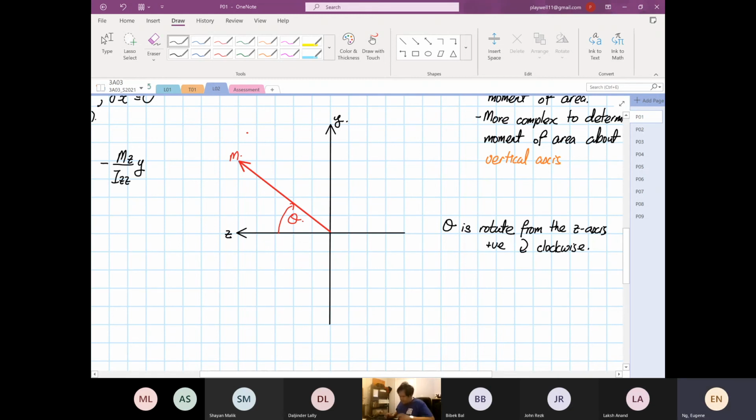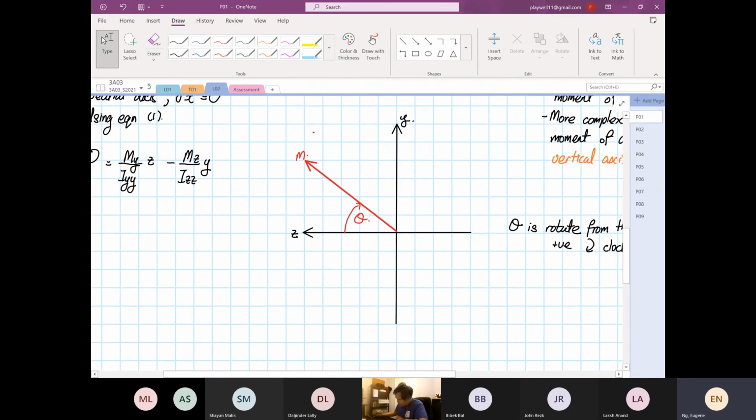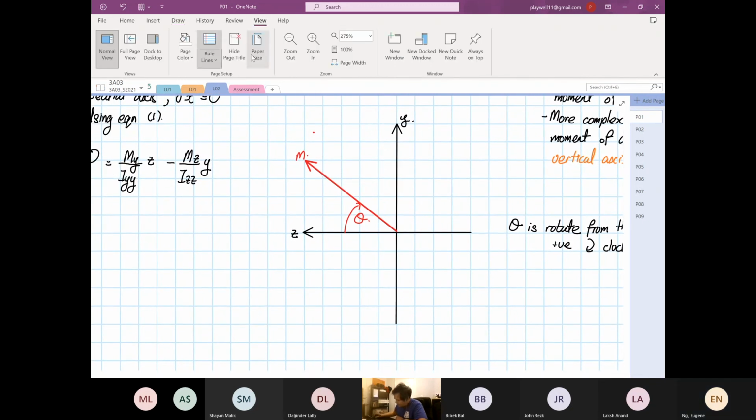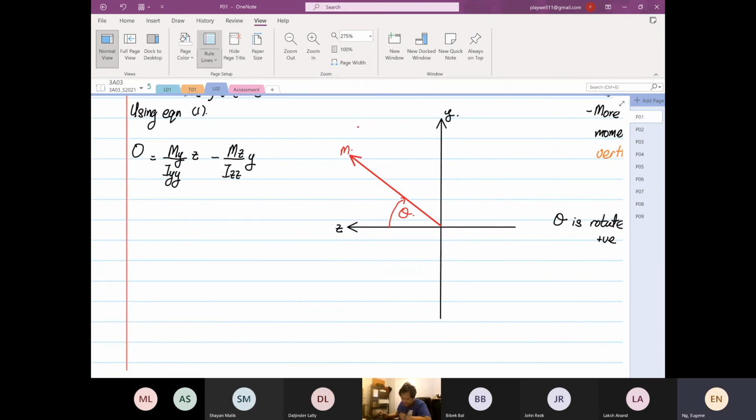Now, so from this equation over here, right, from our expression that we've done, we can rearrange the equation and we can get Mz over Izz y is equal to My over Iyy z.